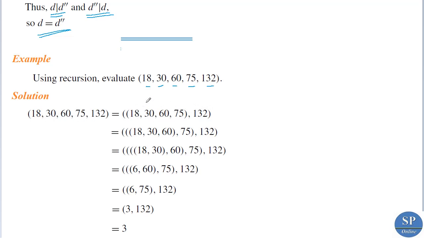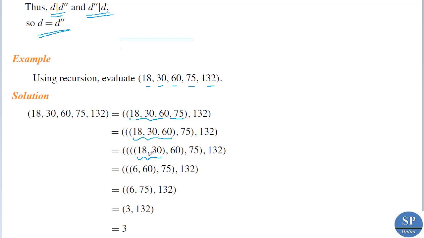Applying the theorem again, this GCD can be written as the GCD of 18, 30, 60, comma 75. Now again this can be written as the GCD of 18, 30, 60. Now we have to find this GCD first.